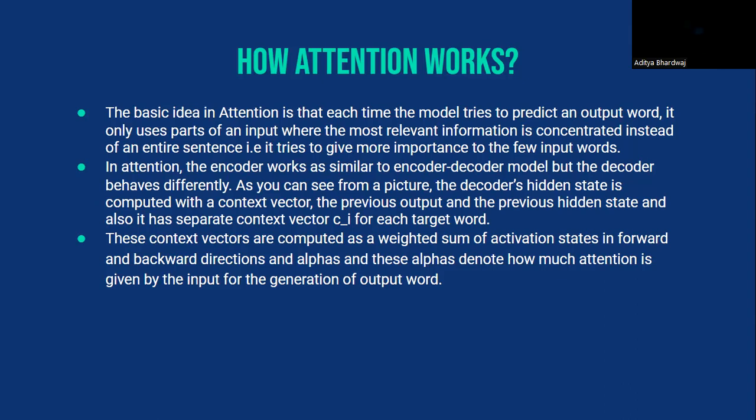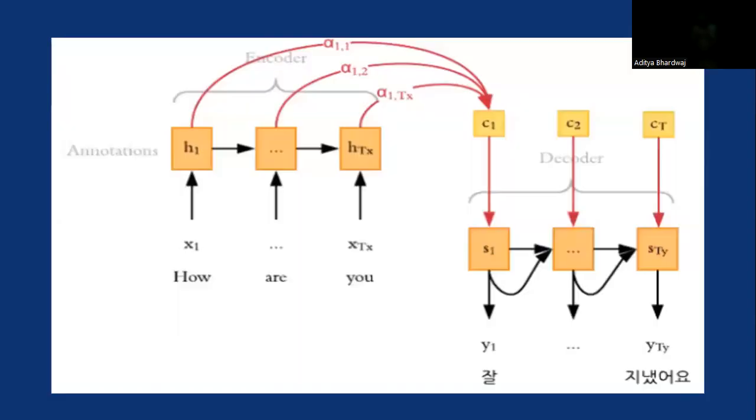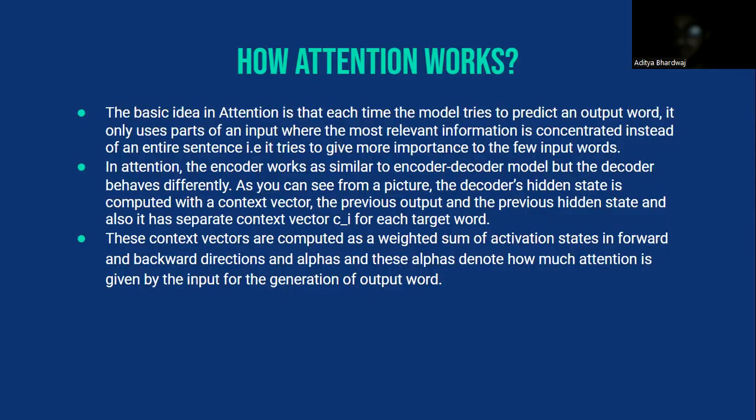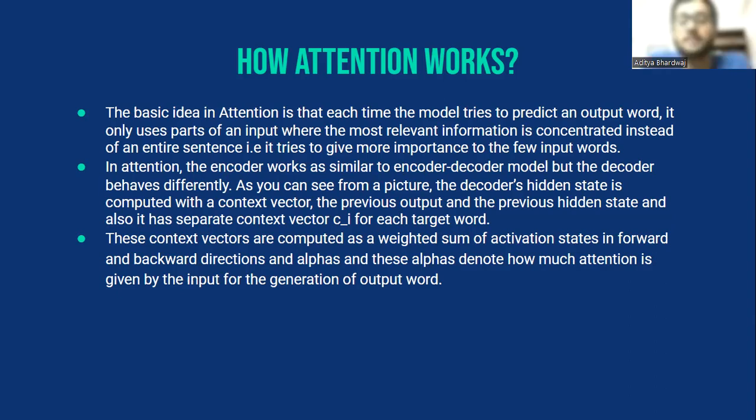In attention, the encoder works similar to the encoder-decoder model, but the decoder behaves differently. As we can see from the picture, the decoder's hidden state is computed with a context vector, the previous output and the previous hidden state, and also it has separate context vectors ci for each target word.